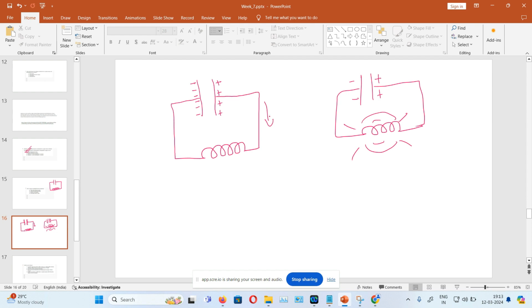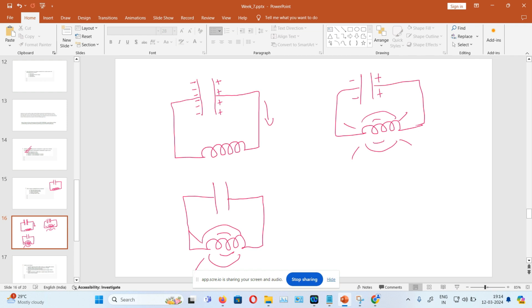The next time, the capacitor will get completely discharged, but the whole inductor is completely magnetized. But there will be an inertial kind of thing which will allow the current to flow further in the opposite direction.